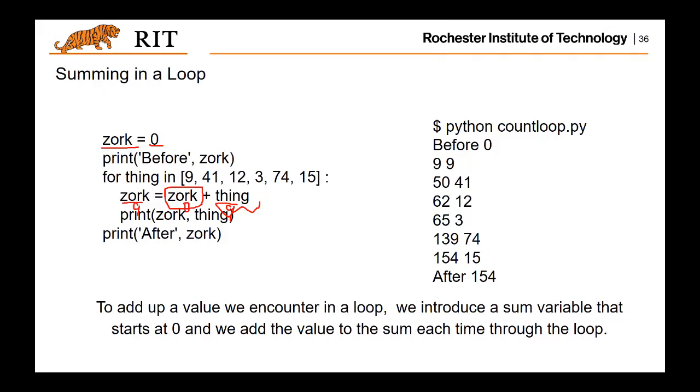Then it goes to the next step: this is 9, and this is 41, and this becomes 50, and so on and so forth. After going through all the elements inside the array, you will have the summation of all the elements, and finally, the summation is 154. So that's how you compute a summation using a loop.